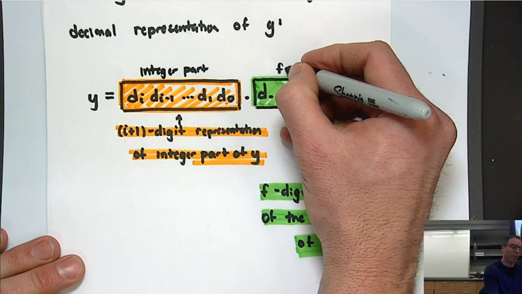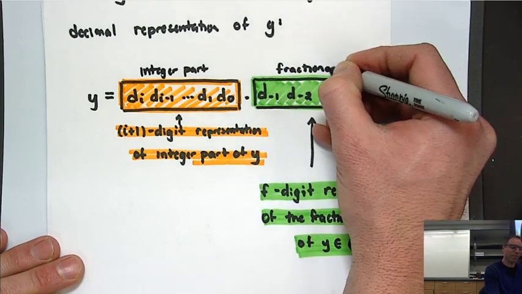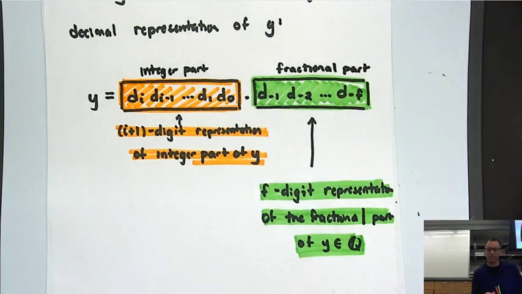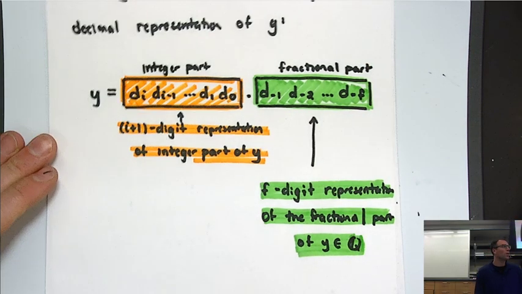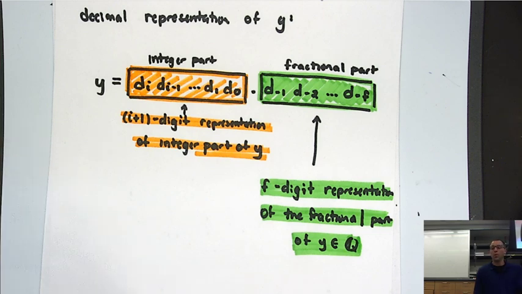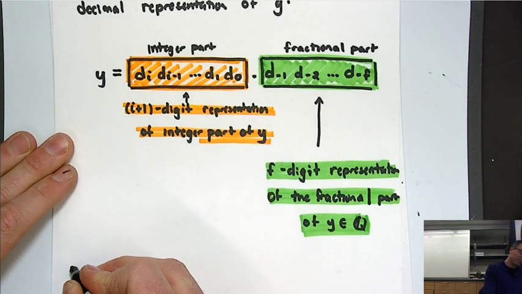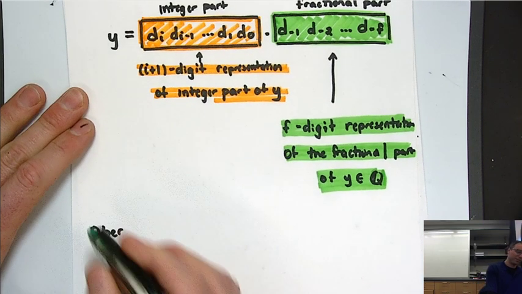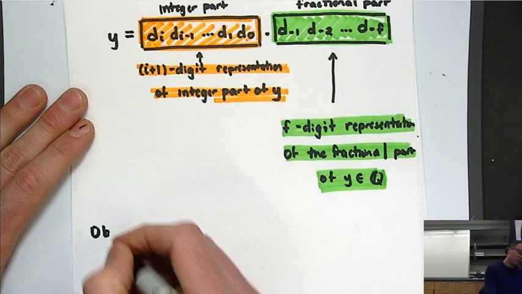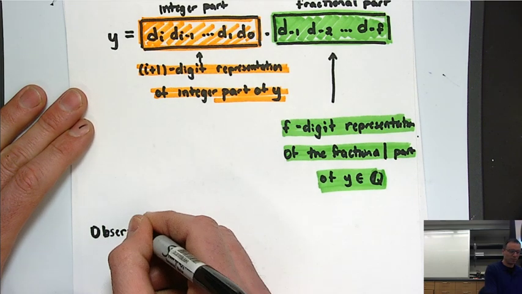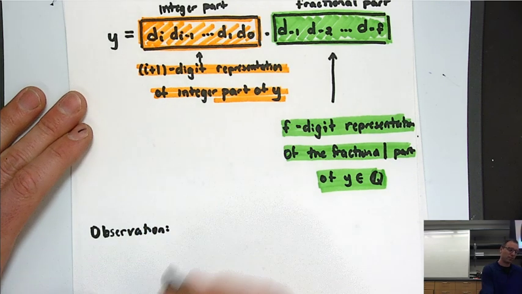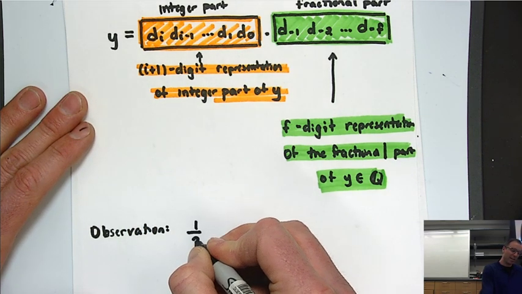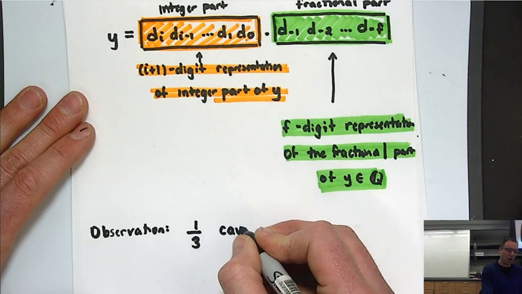So the first observation that you made was what? Very interesting. Okay, so note, I guess we call that observation. One divided by 3 causes problems.